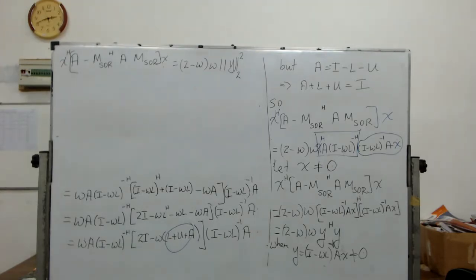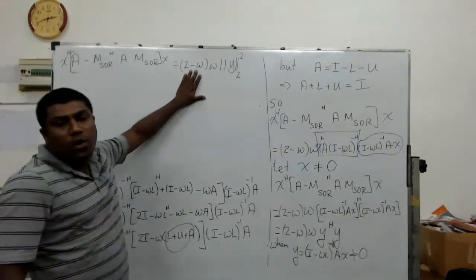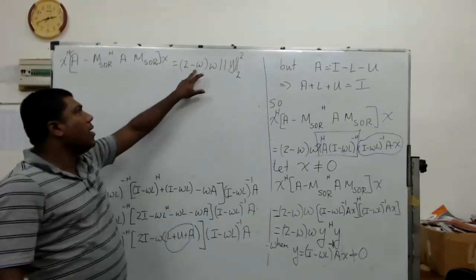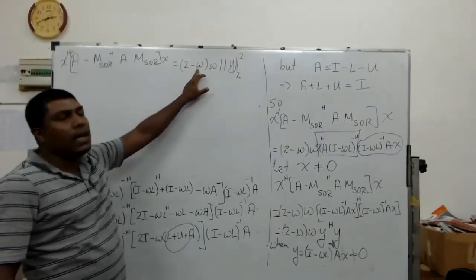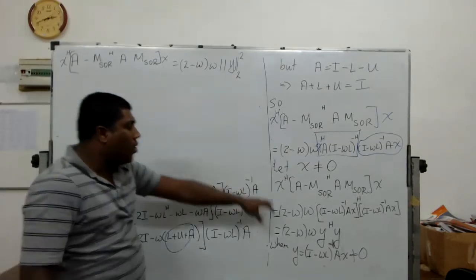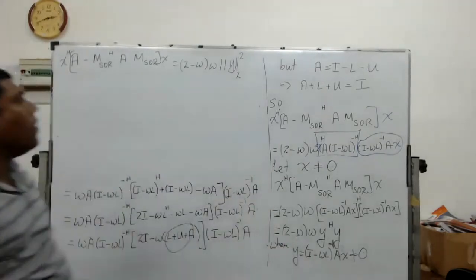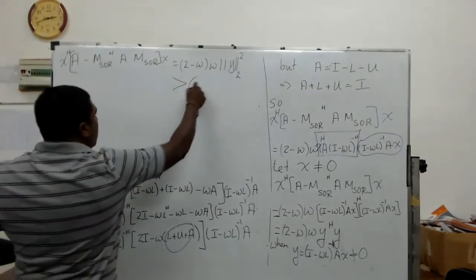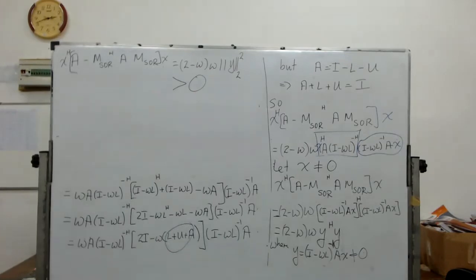Clearly, omega is a number between 0 and 2, so omega is less than 2, which means 2 minus omega is greater than 0. Y is a non-zero vector, so the norm of y is strictly greater than 0. So eventually this is greater than 0, and clearly this is a positive definite matrix.